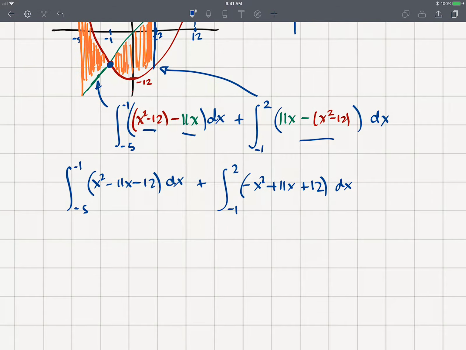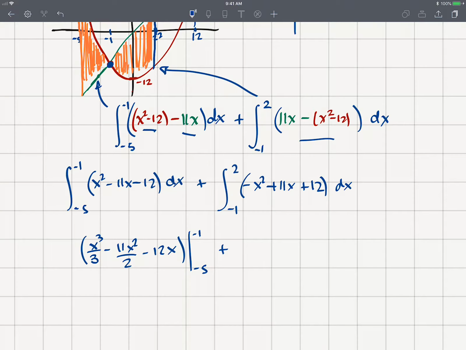You can't combine them because the limits of integration are different, so you do have to do this one first. You get x cubed over 3 minus 11x squared over 2 minus 12x, evaluated between negative 5 and negative 1.